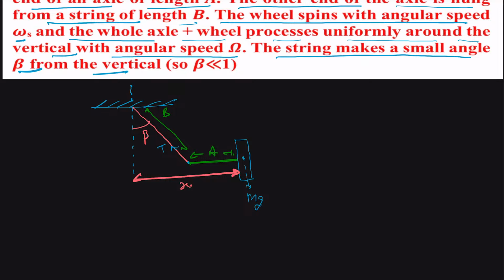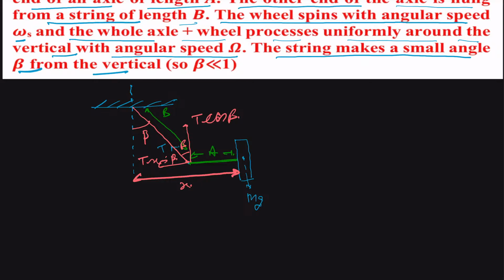Therefore we can divide this tension into two components, and so this angle will also be beta. So we are going to get T cos of beta, and T sine of beta, not theta. Okay. And so we can write the linear equation of the motion.